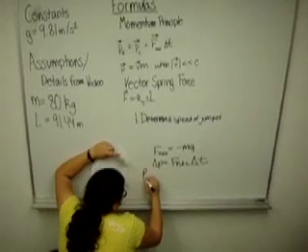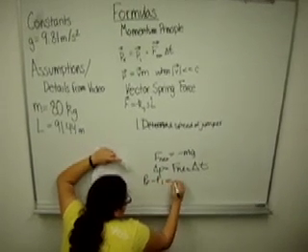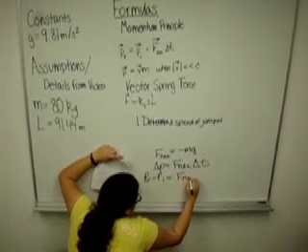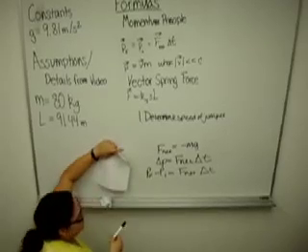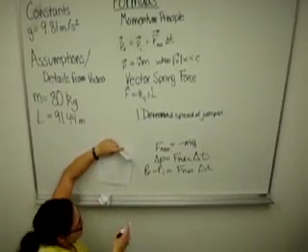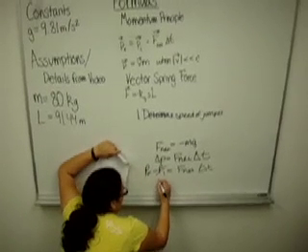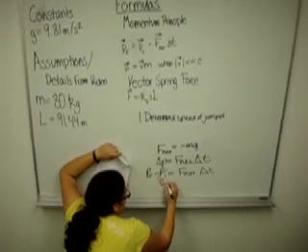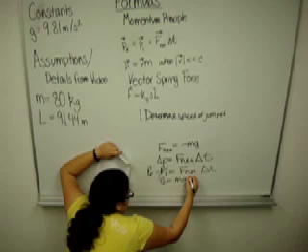So PF minus P initial is equal to F net delta T. Because P initial is 0, since the velocity starts at 0, it cancels out and goes away. And so we have PF is equal to mg delta T.